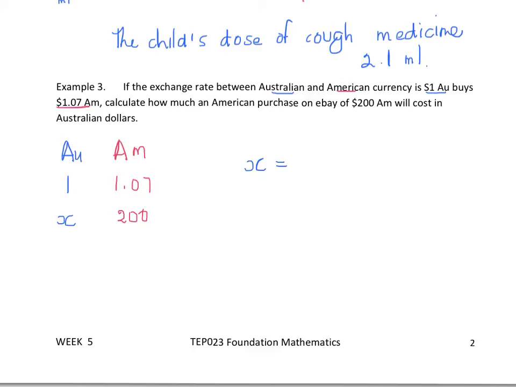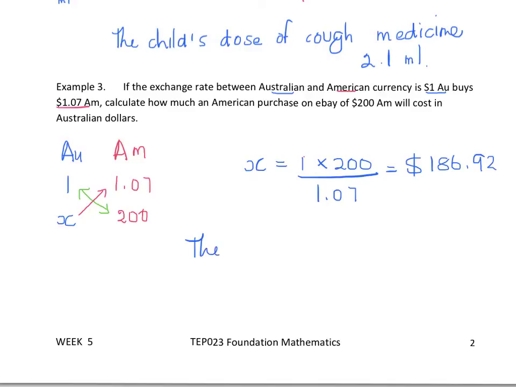So those two numbers are 1 and 200, and then divided by the value diagonally opposite the X. So it becomes 1 times 200 divide by 1.07, and that will give you an answer in Australian dollars now, which will be, if you pop it into your calculator, $186.92.